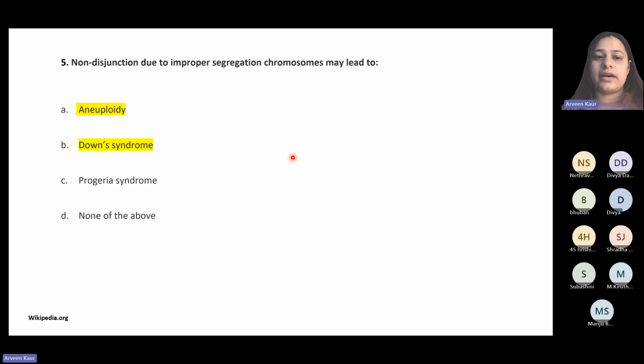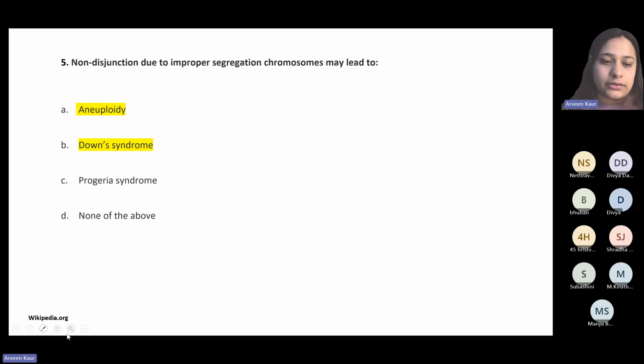So why are we saying there could be multiple reasons due to which non-disjunction could occur? But these are usually taken care of by the regulatory mechanism or the force that is imposed by the cell. But sometimes they get overlooked, due to which some conditions may arise or some improper segregation of chromosomes will occur.